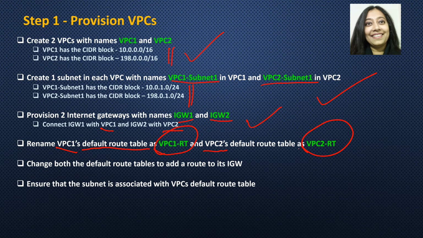And hence I have chosen these names and I'm sticking to them as well. So if you are following along with me, please go ahead and rename these route tables and ensure that your naming convention is in place, right? Even if you're not using the same names, just jot down whatever names you have been giving to your VPC subnets and other entities that you have been provisioning.